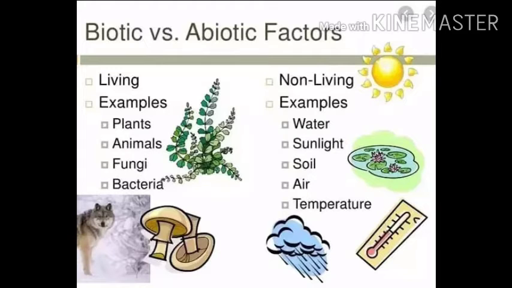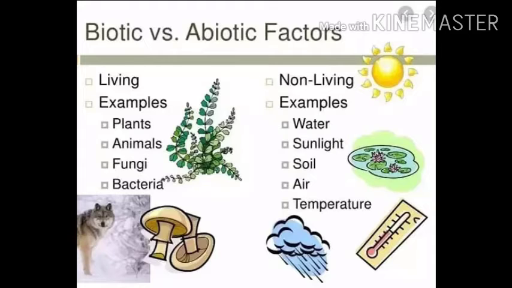These are abiotic factors, non-living things. And here also is given living things, example plants, animals, fungi, bacteria, and non-living things are given: water, sunlight, soil, air, temperature.